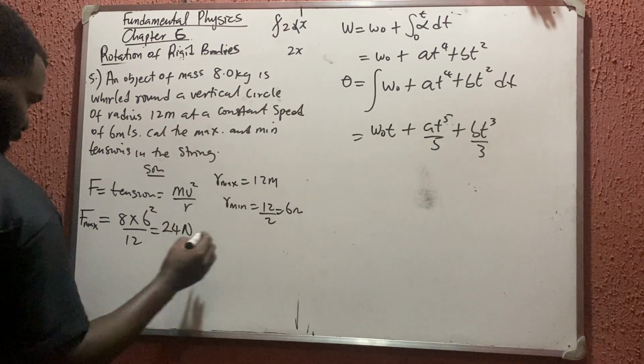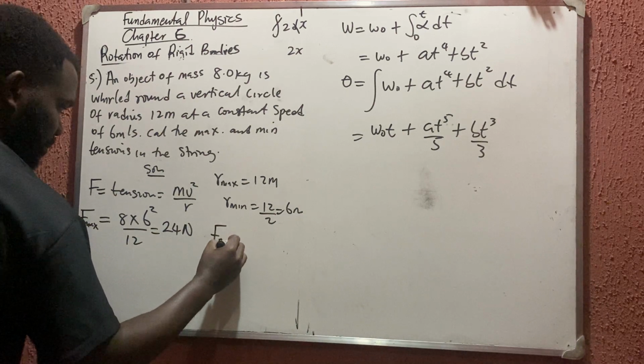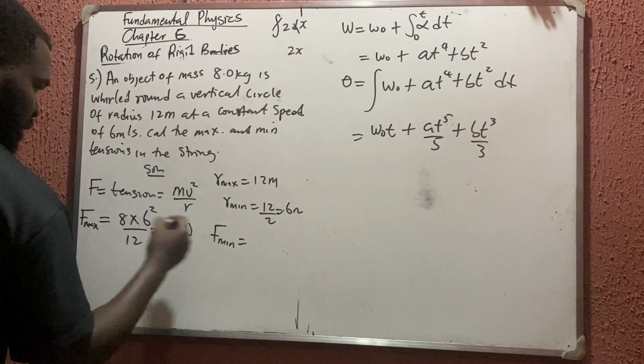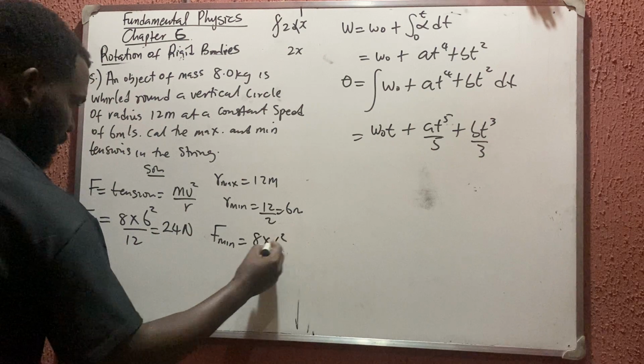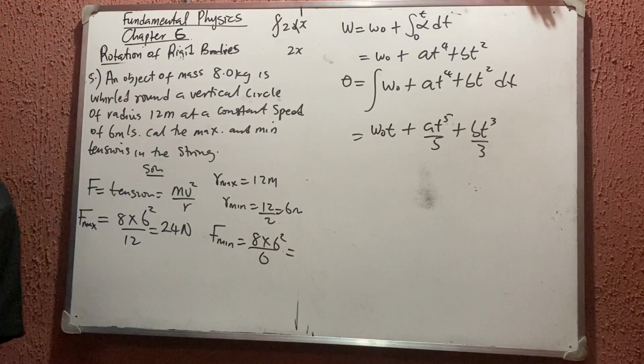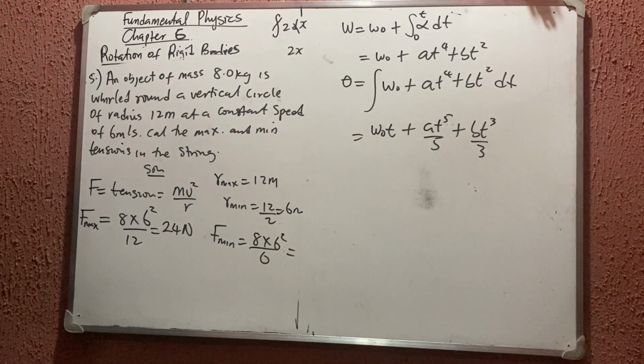Okay, but for F minimum is going to be what? 8 times 6 squared divided by 6. So 8 times 36 divided by 6. Sorry, what am I saying?